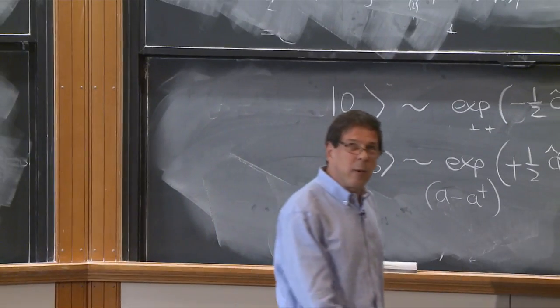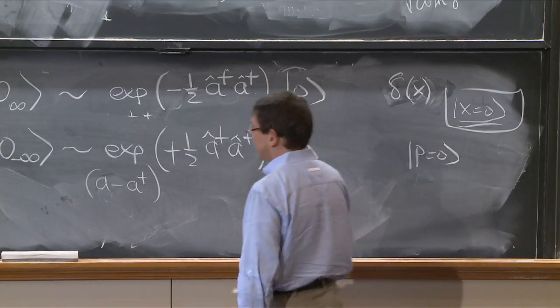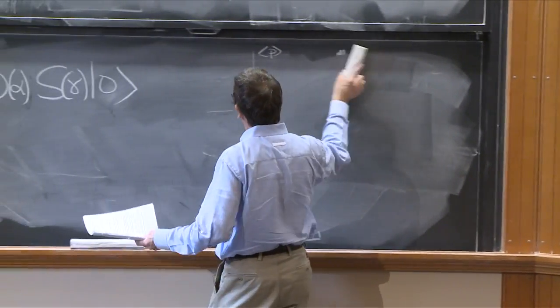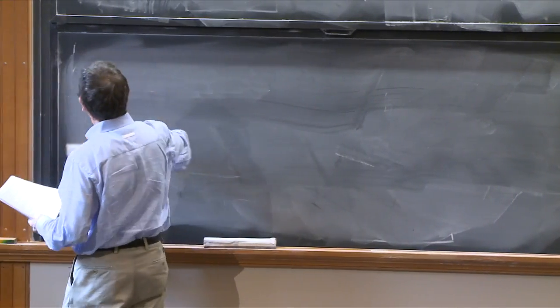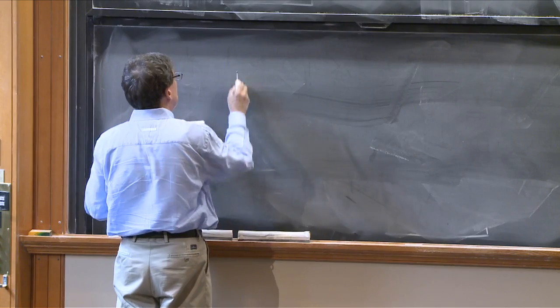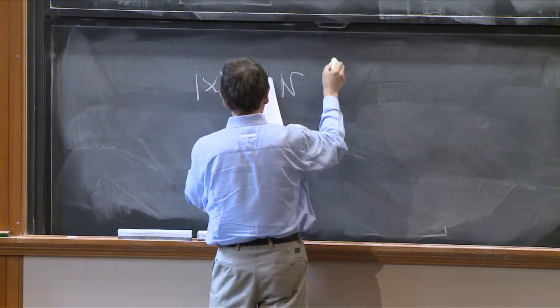So it looks like we can really construct position and momentum eigenstates now with squeezed states. And that's what they are supposed to be. A squeezed state is something that has been squeezed enough that you can get a delta function. So how do you finish that construction? Here is the claim.